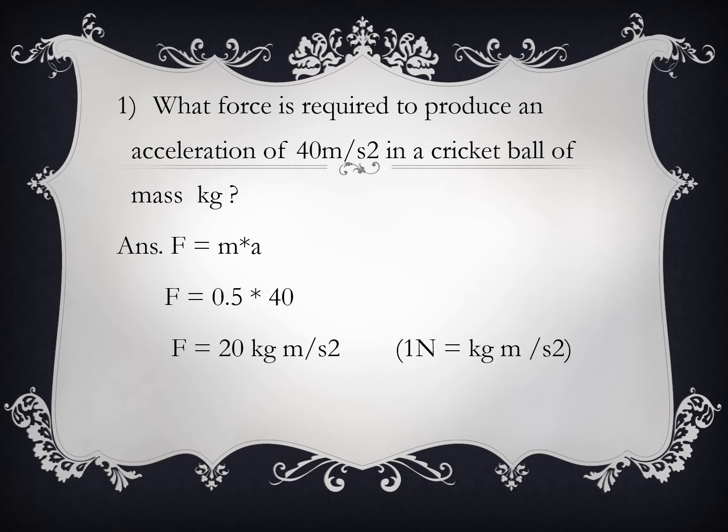Hence, F equals 20 Newton. This means if we exert a force of 20 Newton on a cricket ball of mass 0.5 kg, this 20 Newton force will produce 40 meter per second square acceleration in it.